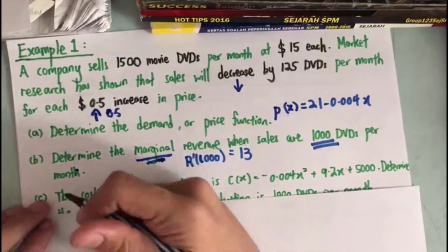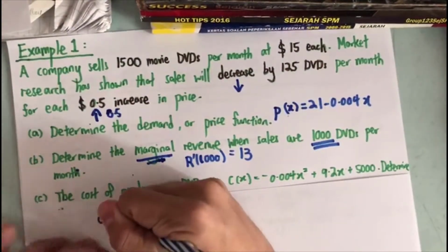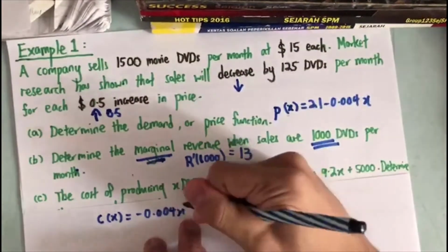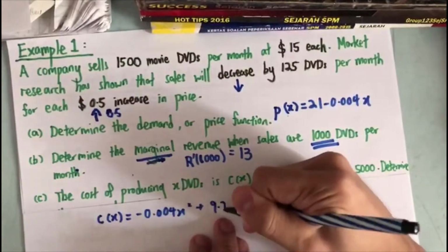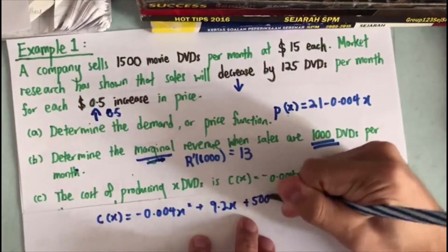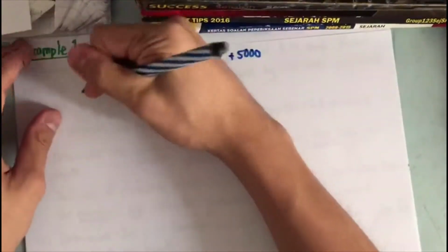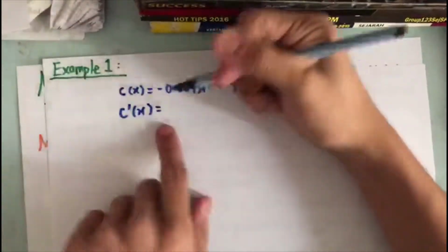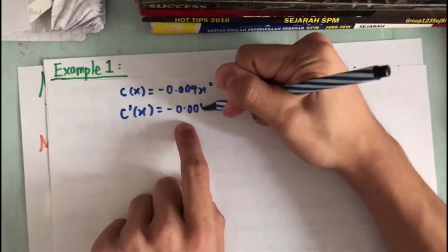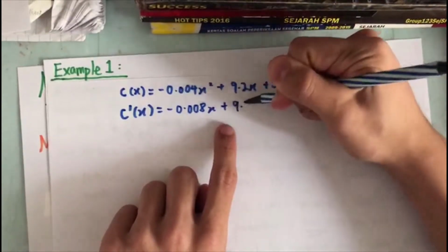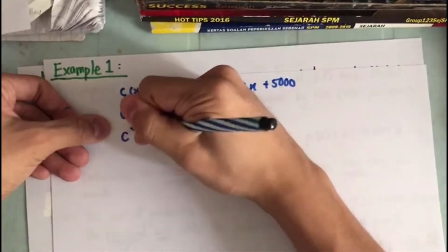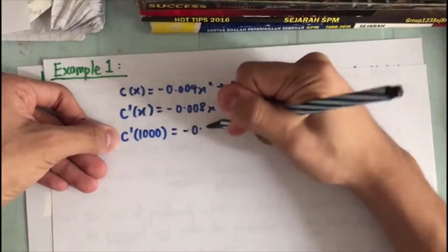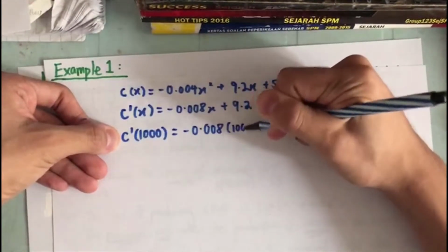So you know that the cost function is equal to negative 0.004x squared plus 9.2x plus 5,000, and find C prime of x, which is equal to negative 0.008x plus 9.2, and then C prime of 1,000 because it says when the production is 1,000 DVDs. So substitute 1,000.